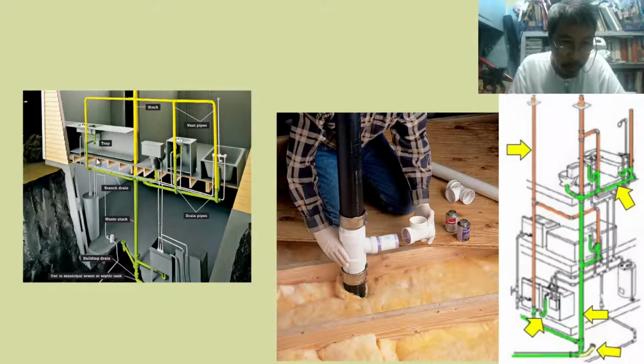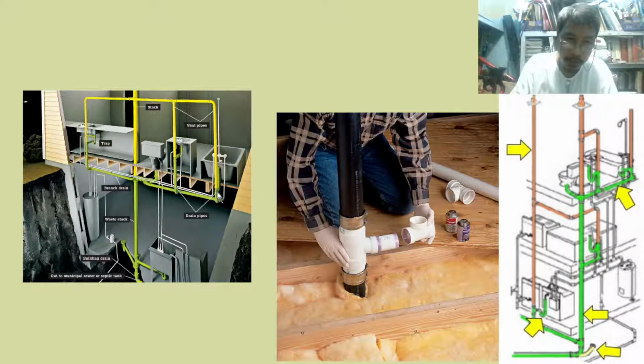The next to it on the side is the drain pipes. There are drain pipes, one, two in this figure. These are very short pipes that are connected to the horizontal branch drain.